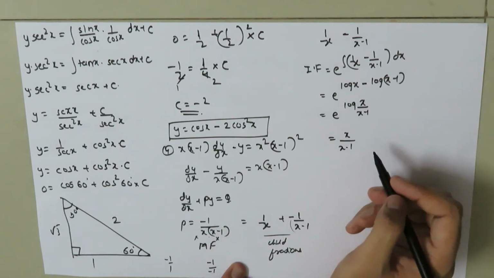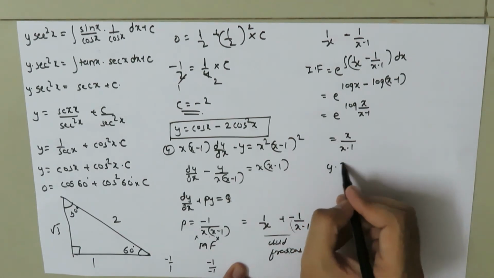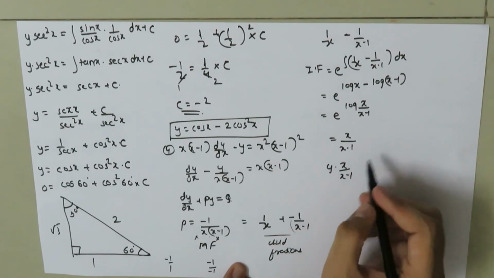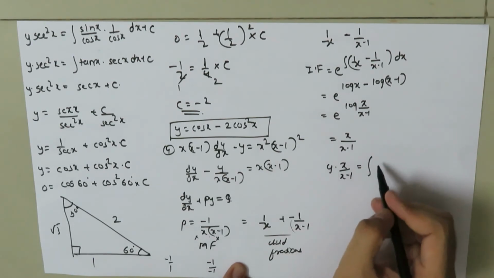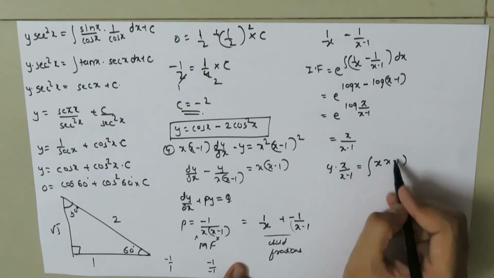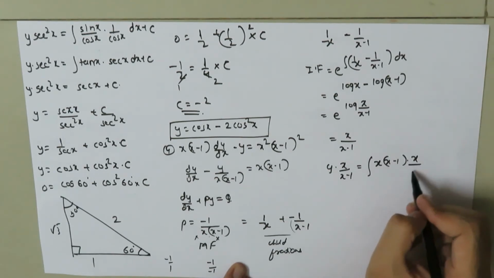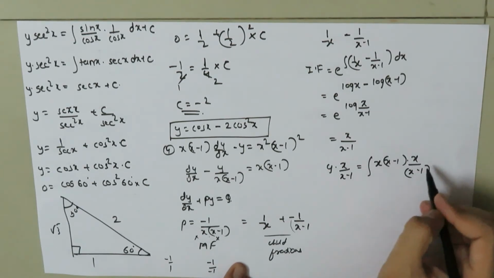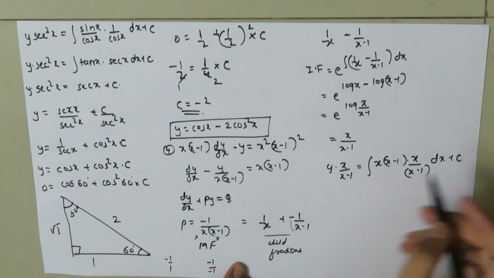So the general solution will be y into x upon x minus 1 equal to the integration of q, which is x times x minus 1, times the integrating factor, times dx, plus c.